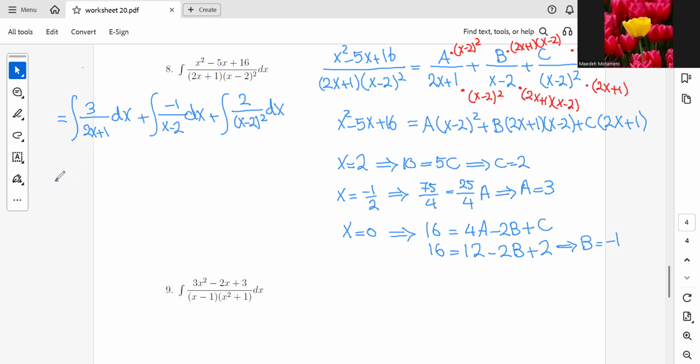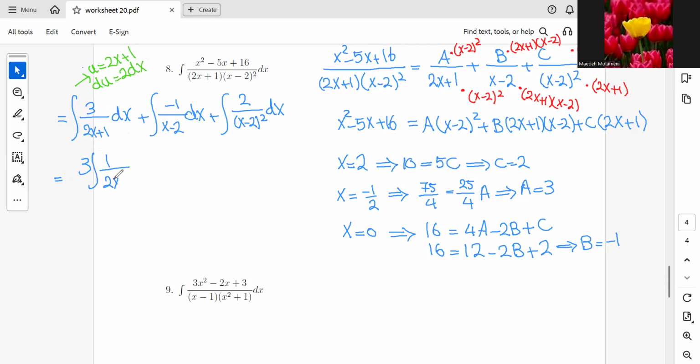For the first one, you would say that this is a fraction, and if we take the derivative of the denominator, that would be 2. So in order to solve this one, we can set u equals 2x plus 1. So du will be 2 dx. We can bring out 3 here.